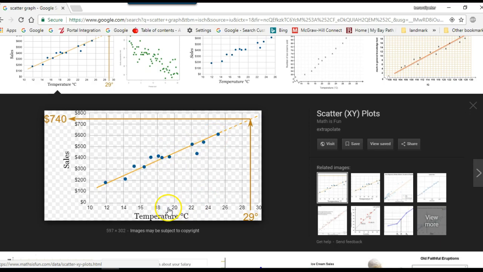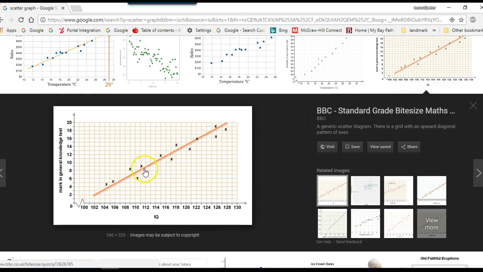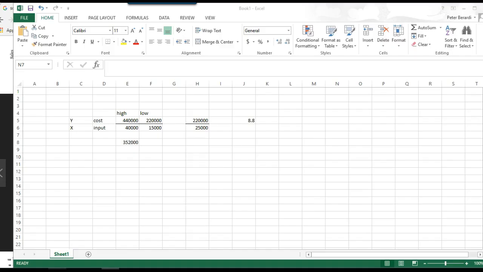As each input on the x-axis goes up, the y result will go up by a slope amount. So what the high-low method is, essentially, is a slope.